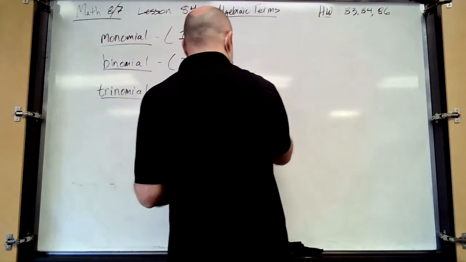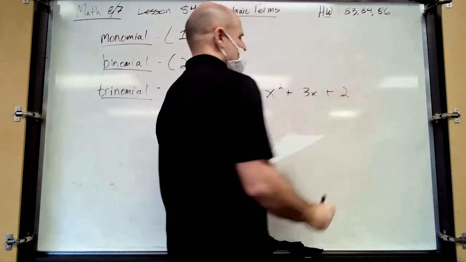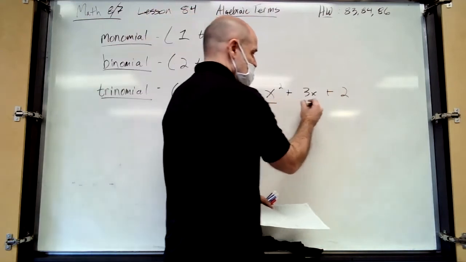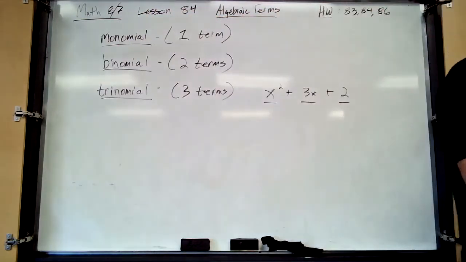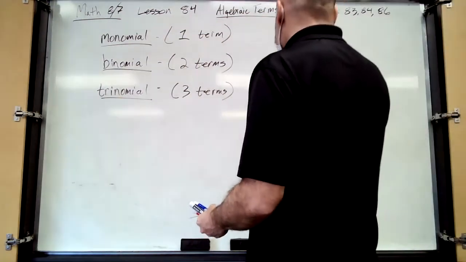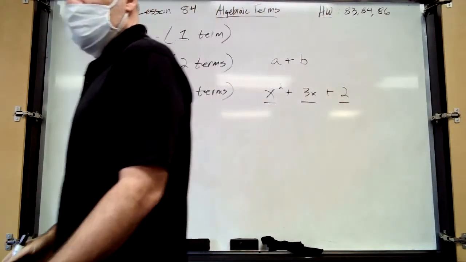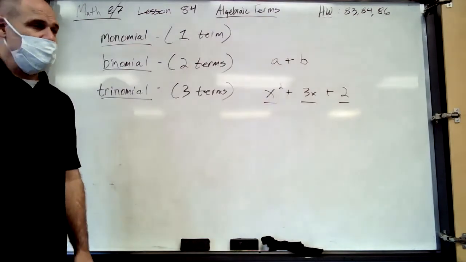So for example, x squared plus 3x plus 2. See how there's 3 things being added or subtracted. So this is a trinomial. Like I could do a binomial that maybe it would be like A plus B. That's a binomial. There's 2 things being added.